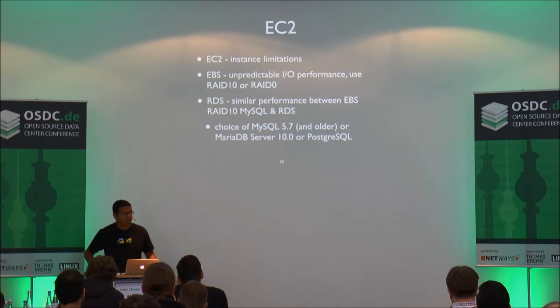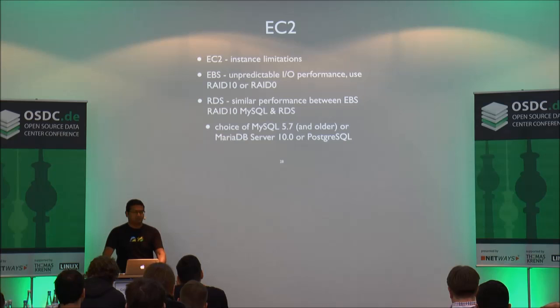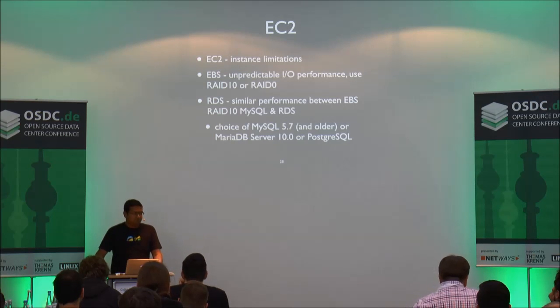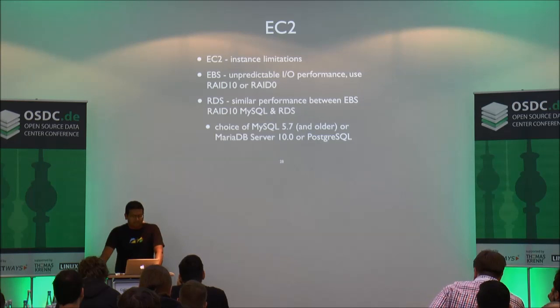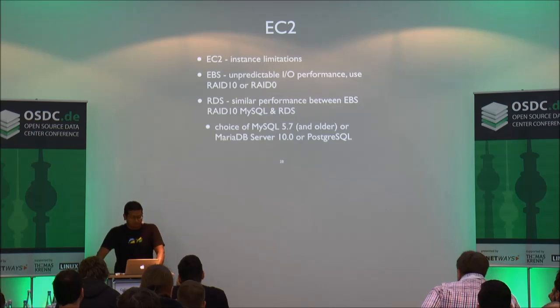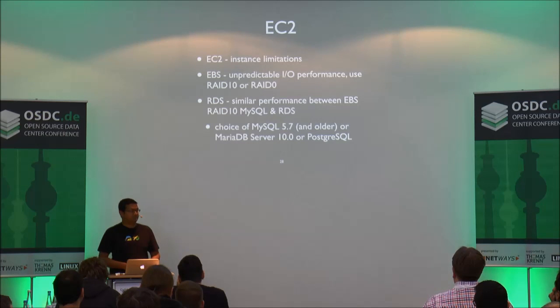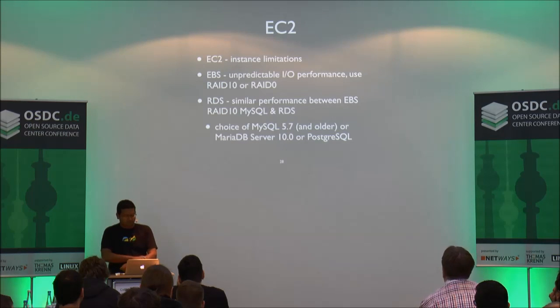We see, with regards to EBS, a lot of unpredictable I/O performance. So if you are running a database node, either use RAID 10, RAID 0, or pay for provisioned IOPS. We find that as people grow, they give up RDS and they switch to using regular EC2, where you can now install whatever you feel like and have a DBA maintain it.